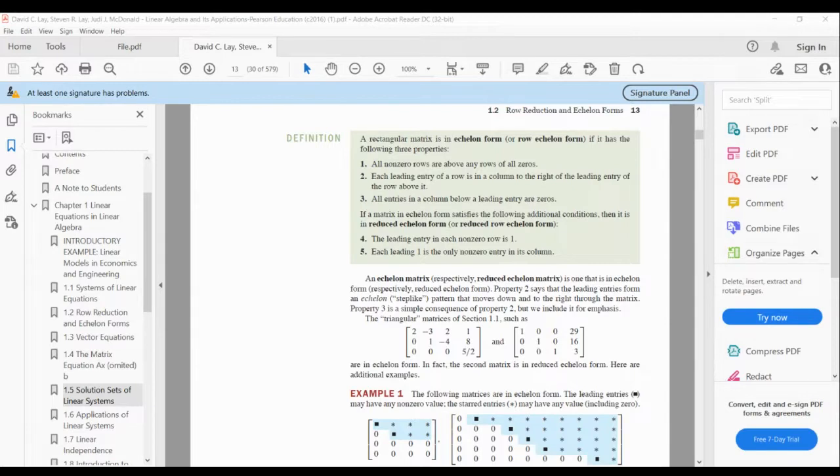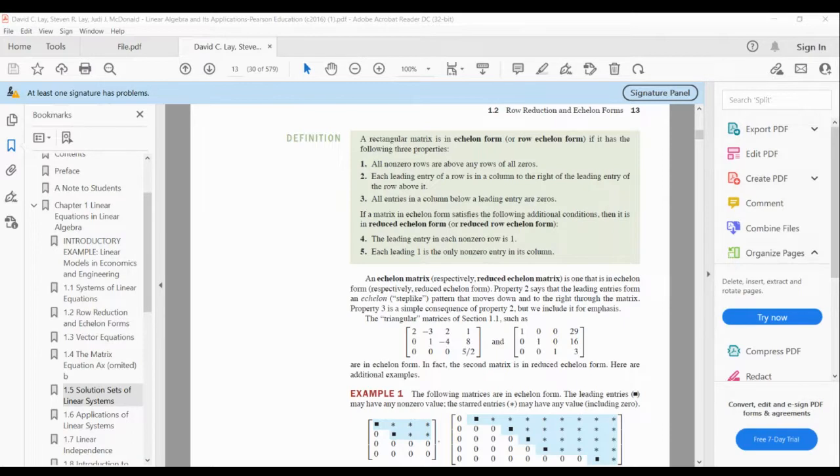Each leading entry of a row is in a column to the right of the leading entry of the row above it. Third condition is all entries in a column below a leading entry are zeros. Okay, now those properties are much more easily understandable if you look at some examples. So we're gonna get to some examples here.